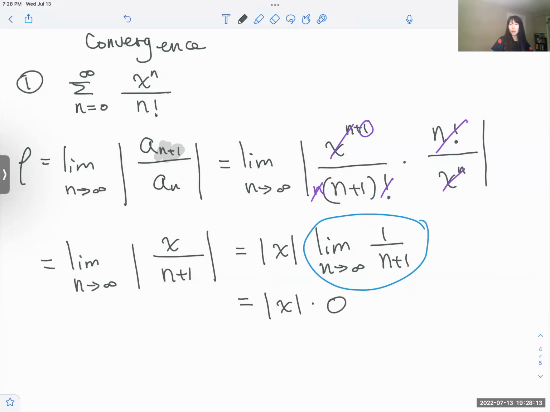Okay, now we have to think. We want to make convergence easy. This one, look, less than 1 is convergence, isn't it? Rho less than 1. Yes, it converges by the ratio test.